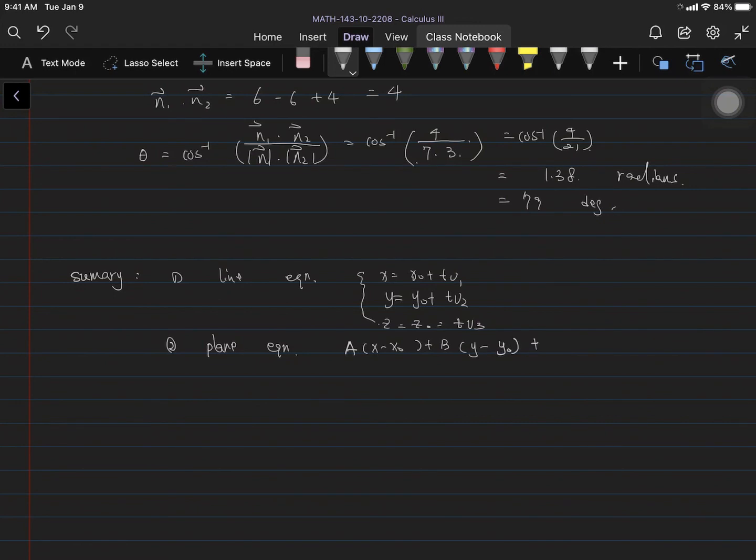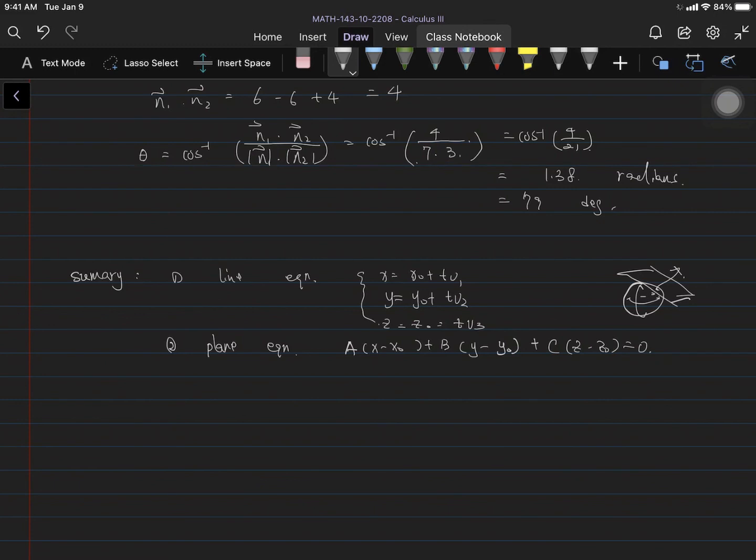For the line equation, you will find the tangent line in space. And for the plane equation, you are going to find the tangent plane for a surface. For example, you have a sphere. How to find the tangent plane? First step, you just find the derivative, find the normal vector and find the point, something like that.